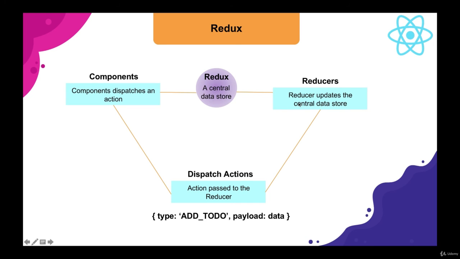So simply, the reducer is the thing that actually updates the data store. And then all the changes are going to be made from here, not directly from components. So we go through this little process, and then we change the data in the state.